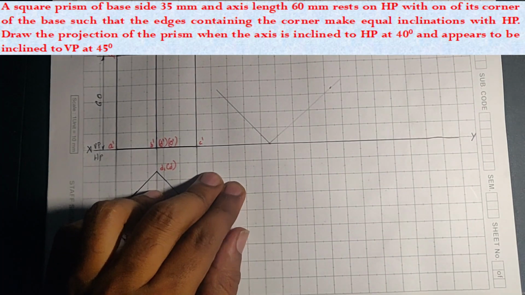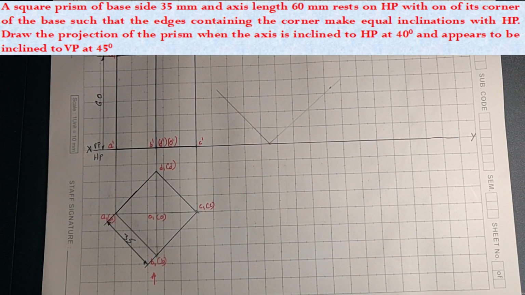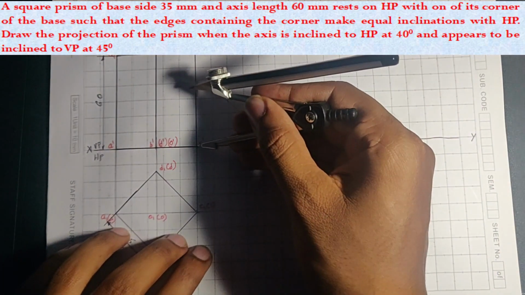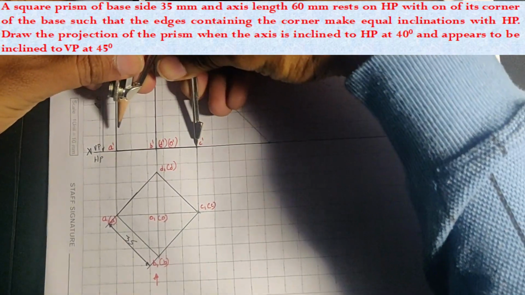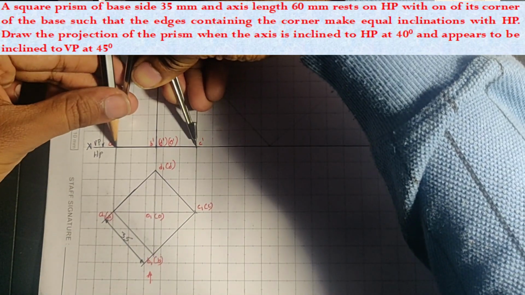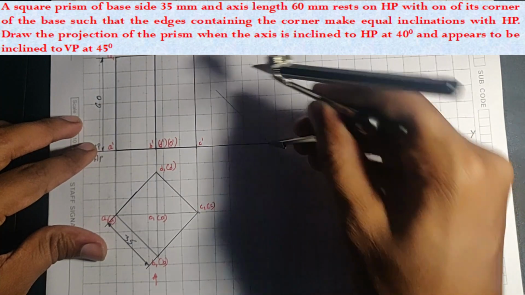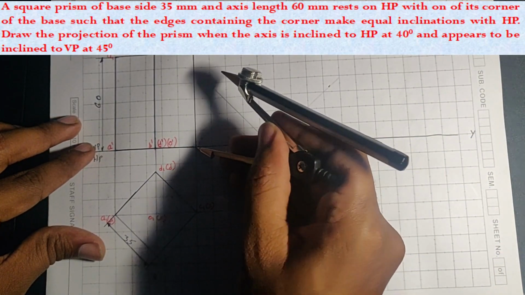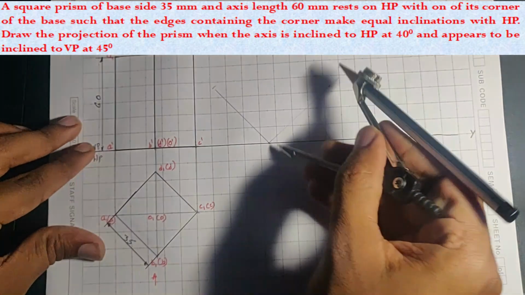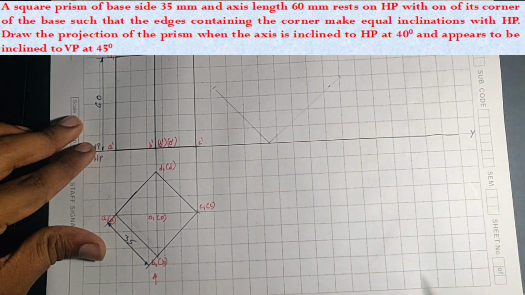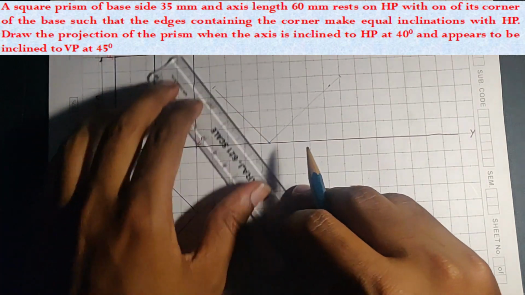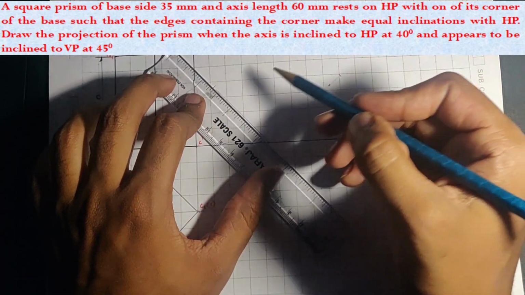Now take the measurement from C dash to A dash, and cut an arc in this direction. Now take 60 and draw in this direction. I'll project and connect this arc now.